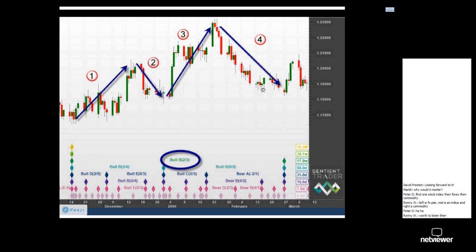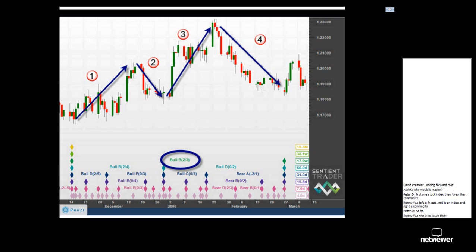Here are the 4 legs of a bull A shape: leg 1, leg 2, leg 3, leg 4. Notice something about a bull A shape. Leg 3 is a very impressive leg, and it's something that you would probably want to trade. Leg 1 is pretty impressive. Leg 2 and leg 4 are both very unimpressive.